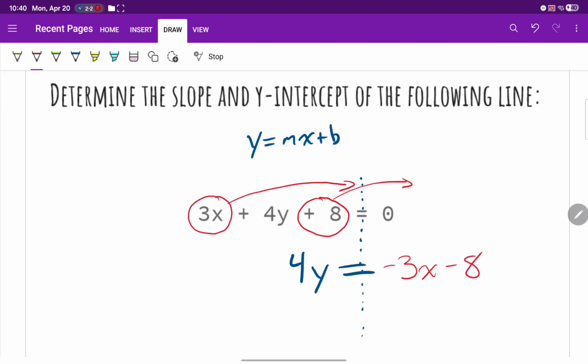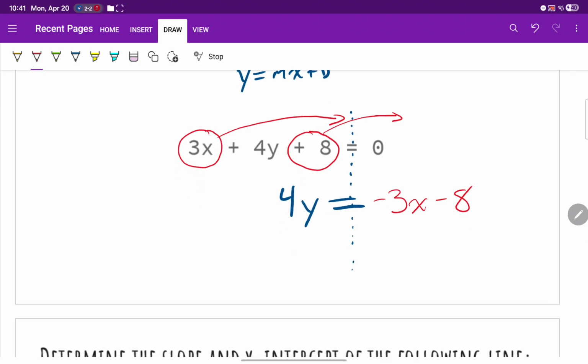Now my last step in this question is to figure out what y is. Again, I'm trying to get y by itself. If you think back to our algebra unit, how do I get rid of that 4 in front? I'm going to divide by 4. The problem here is that on the right-hand side of the equation, I have 2 terms.